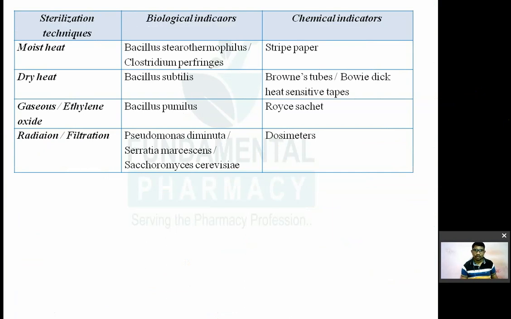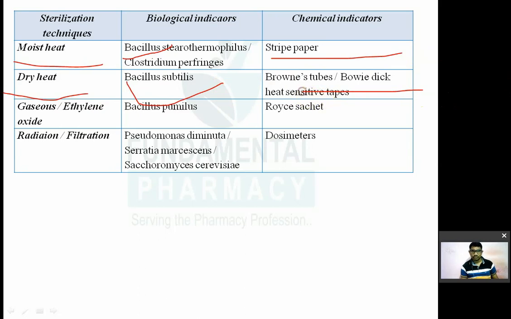For moist sterilization, biological indicators are spores of Bacillus stearothermophilus and Clostridium sporogenes. For chemical indicators, autoclave tapes and strip papers are used. For dry heat, you use spores of Bacillus subtilis as the biological indicator, and for the chemical indicator, Browne's tube and Brevidic heat sensitive tapes.